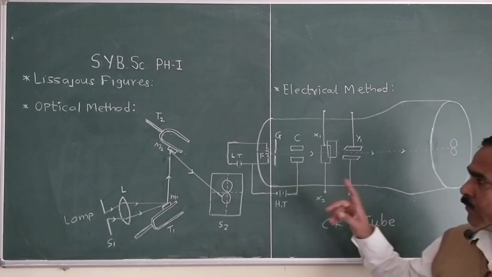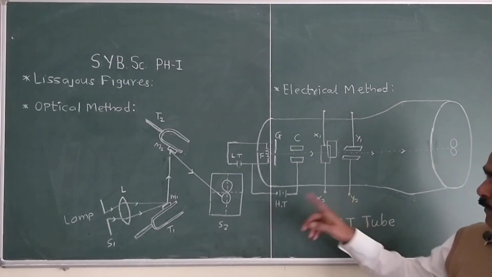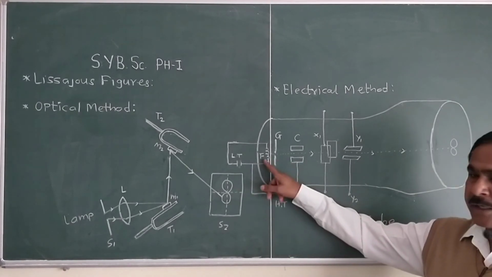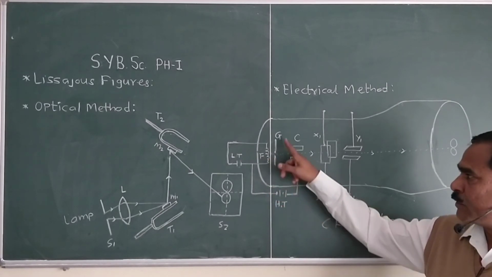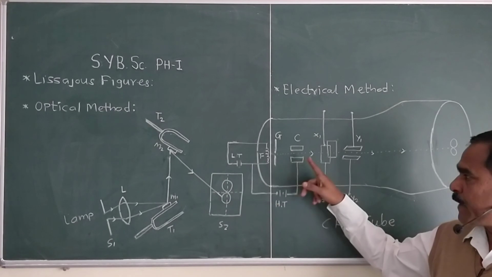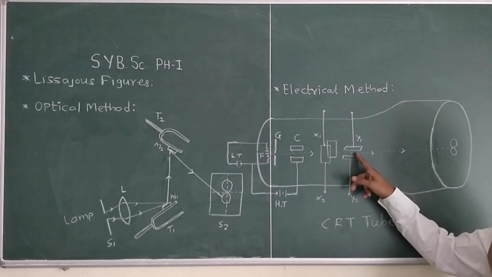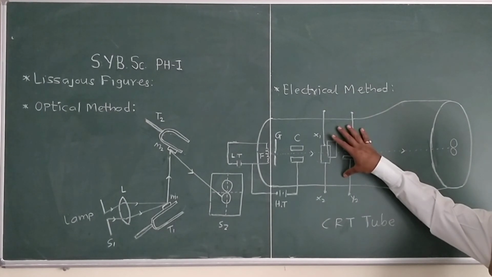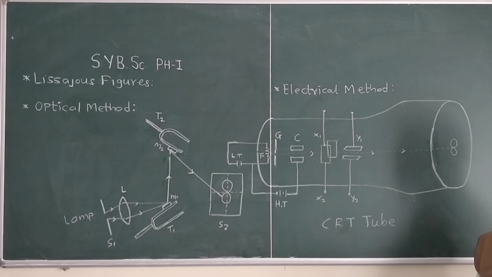Without application of the AC signals, when we switch on the CRT, the filament emits electrons, and these electrons get accelerated through the gun. After passing through the collimator, they pass through the two plates and finally are incident on the screen. Without applying the AC signals, we get a spot on the screen.